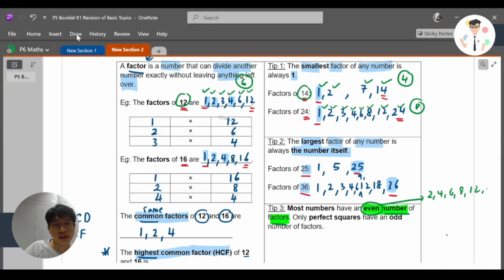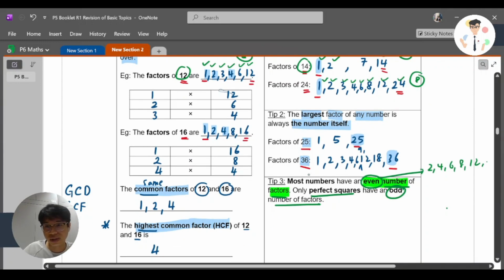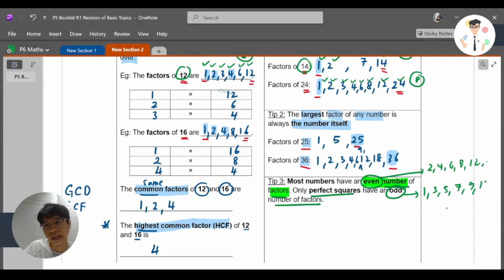Here it says that only perfect squares have an odd number of factors. Odd means what? Odd means 1, 3, 5, 7, 9, 11, and so on. Yeah. But why? What is a perfect square?